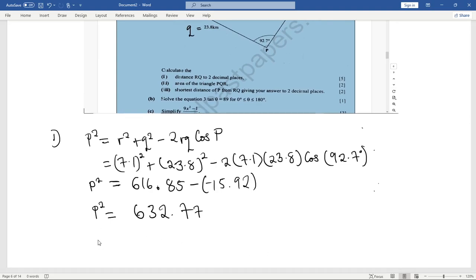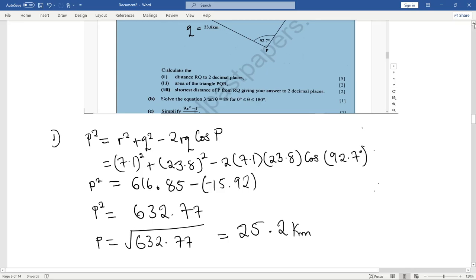So now the value of p here is simply equal to the square root of the number that we have here. So p is equal to the square root of 632.77. Therefore, the square root of the answer, we're getting 25.15, so we just say 25.2 kilometers here.